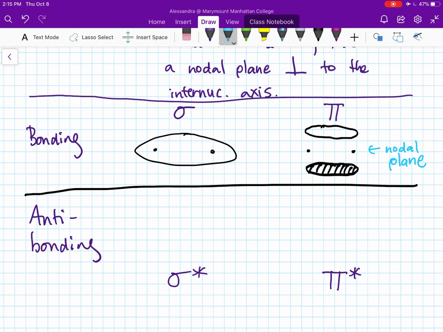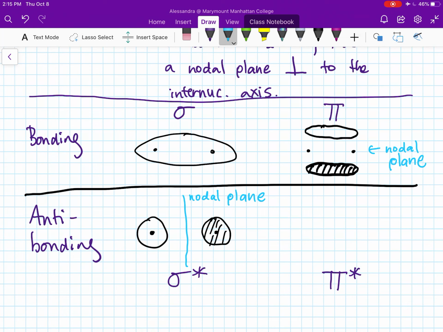For the anti-bonding sigma molecular orbital, we've kind of already seen it for hydrogen, we have these oppositely phased regions. I'm going to give them different shading to show the opposite phase. And then in between them, you have a nodal plane. So that nodal plane is perpendicular to the internuclear axis, as you can see.